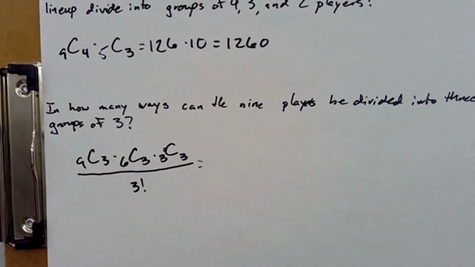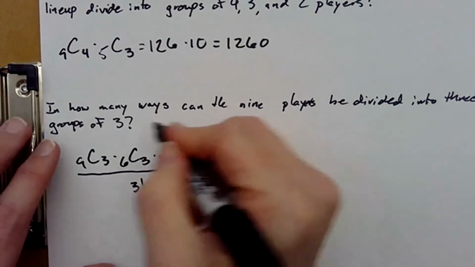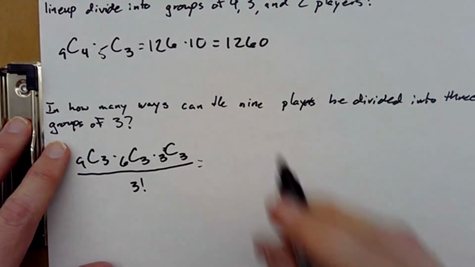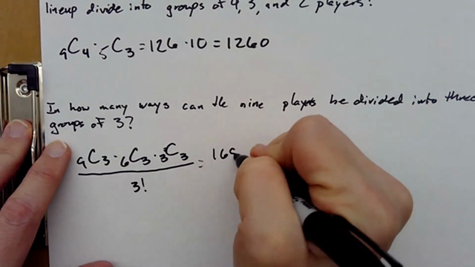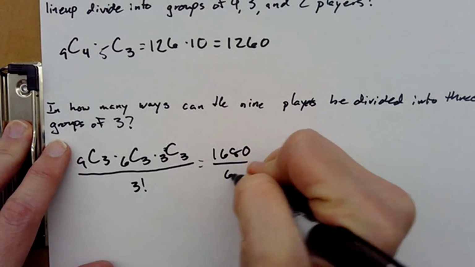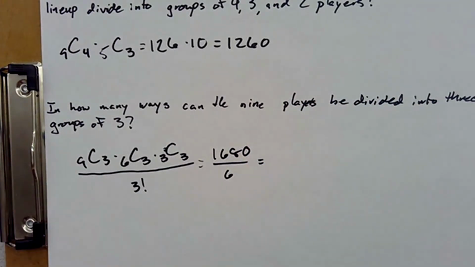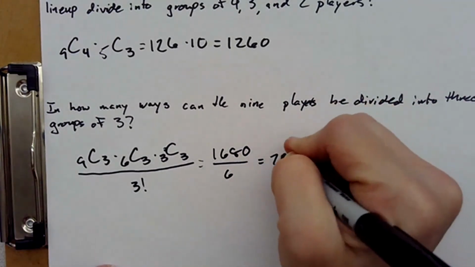Well, the numerator here is 1,680, divided by 6 gives us 280.